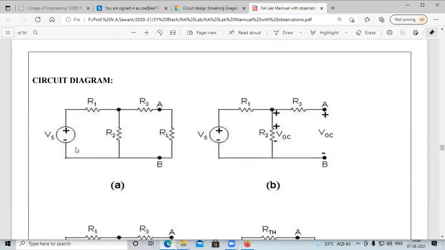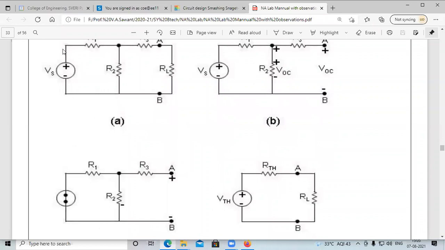Similarly, VS is taken as 50. First of all, remove the load resistance RL. Then calculate the open circuit voltage VTH across it. After calculating VTH, short circuit the voltage source and calculate RTH by the series parallel reduction technique.